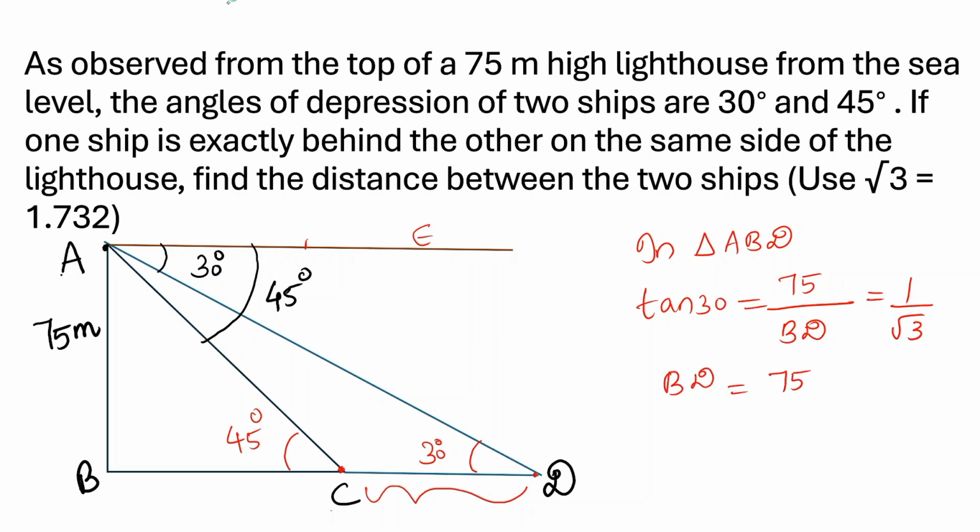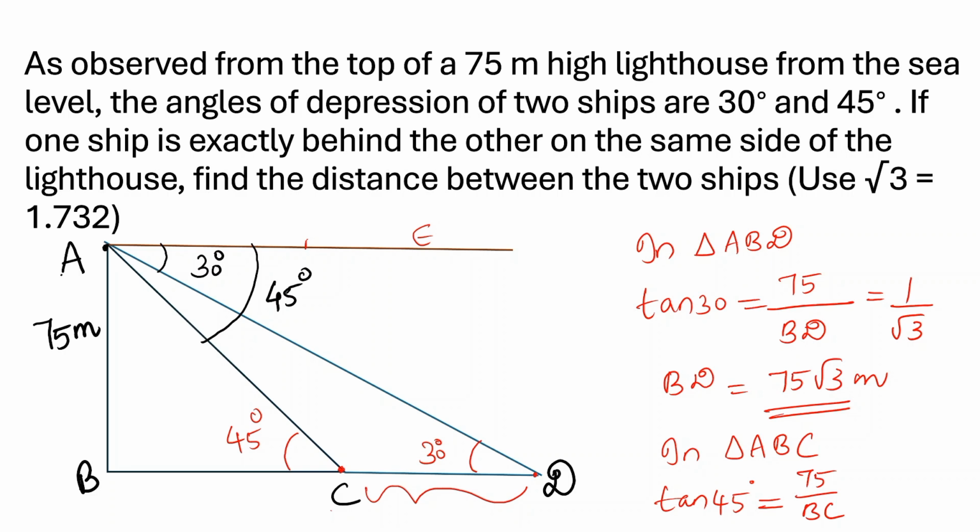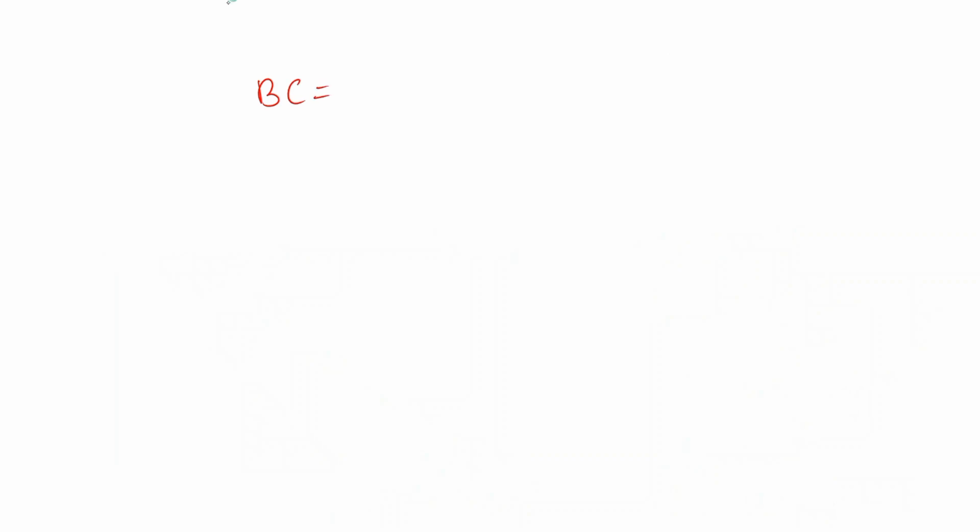BD is 75 times root 3 meter. And in triangle ABC, tan 45 is opposite by adjacent, that is 75 by BC. This value is equal to 1. Tan 45 is 1. So BC will definitely be 75 meter.